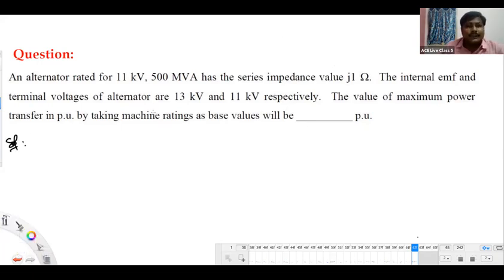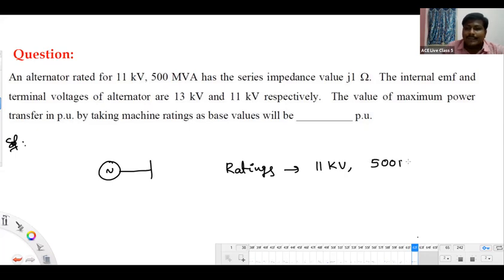Okay. See, this is one alternator existing. Ratings of this alternator will be 11 kV, 500 MVA. I'll say it's a line-to-line voltage, and this will be the three-phase apparent power rating. And the reactance of this machine is directly 1 ohm.